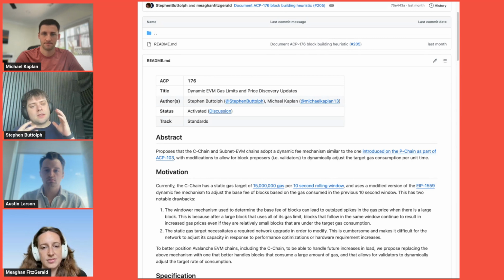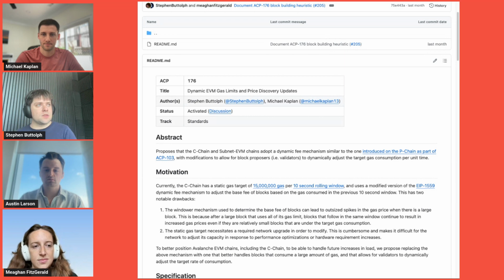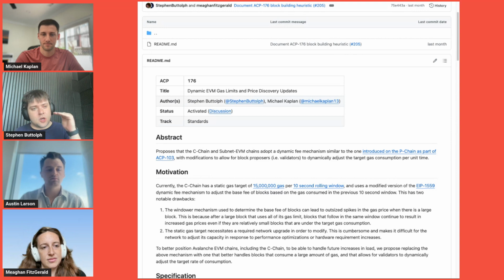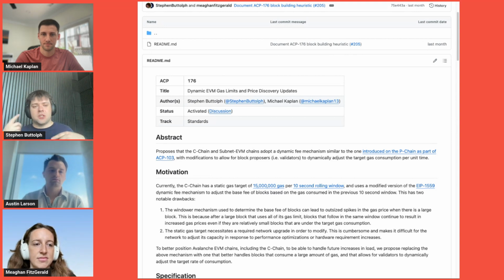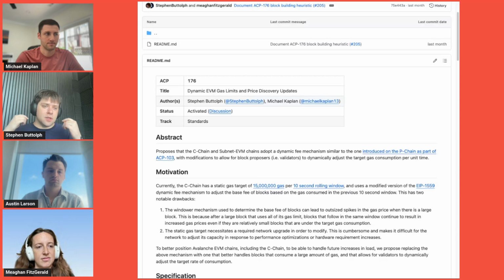But one of the things that 176 also included was the ability to change the target dynamically. Prior to 176, we had always had this target gas consumed in the code, and in order to change that, you had to have an actual network upgrade.